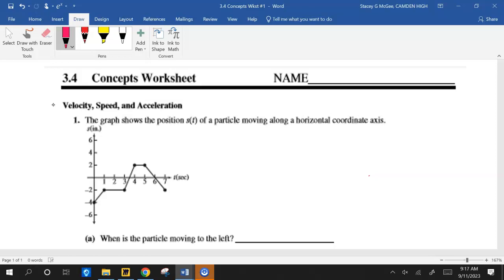So the first question is, when is the particle moving to the left? Let's think through this. No, this is the graph of position, so I need to know when velocity is negative.